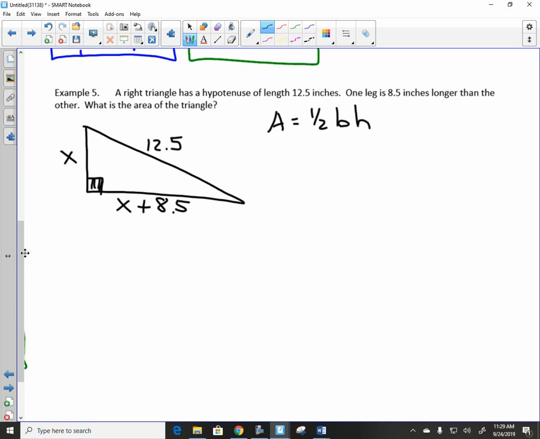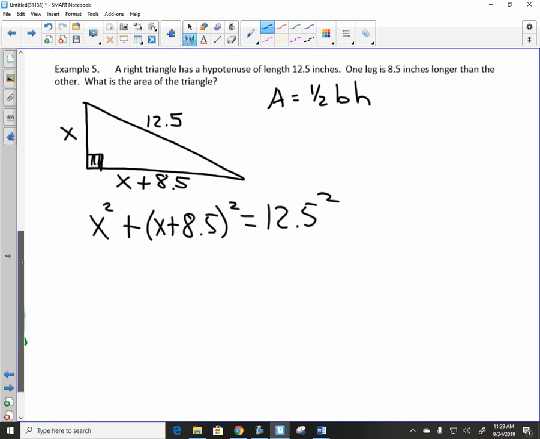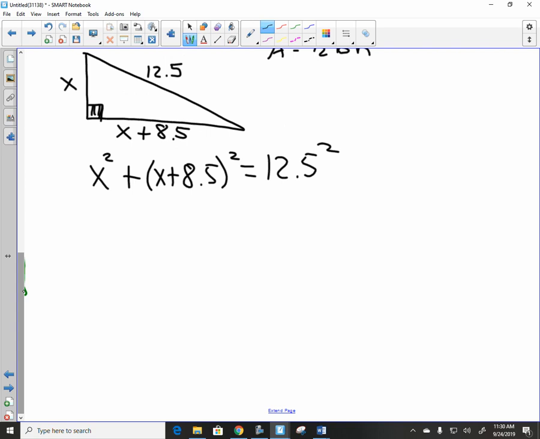So you can see that x squared plus x plus 8.5 squared is equal to 12.5 squared. That's going to allow us to solve for x. So I have x squared plus another x squared. Anybody know what I'm going to get in the middle? 17x.